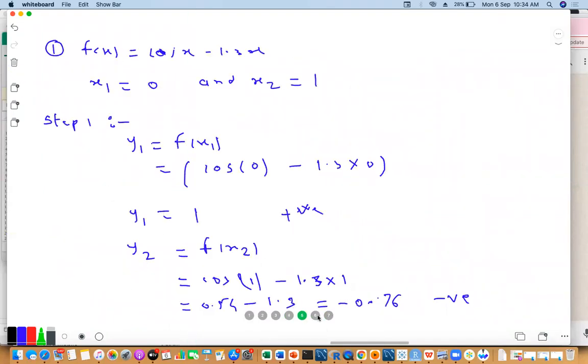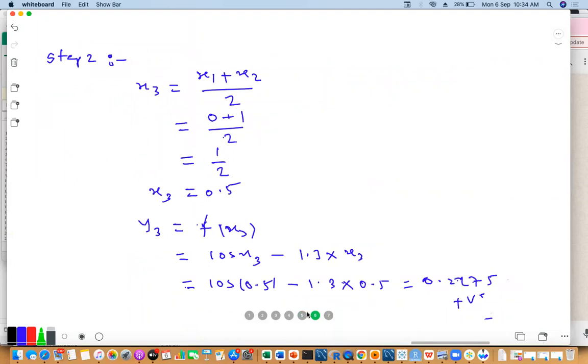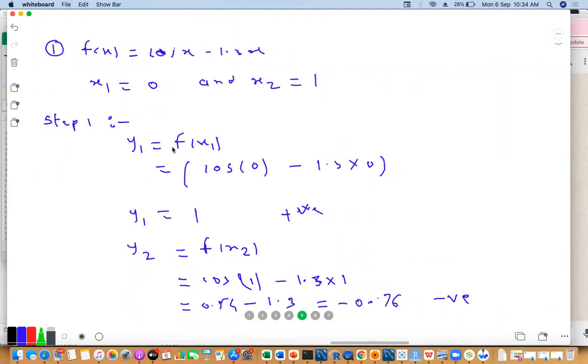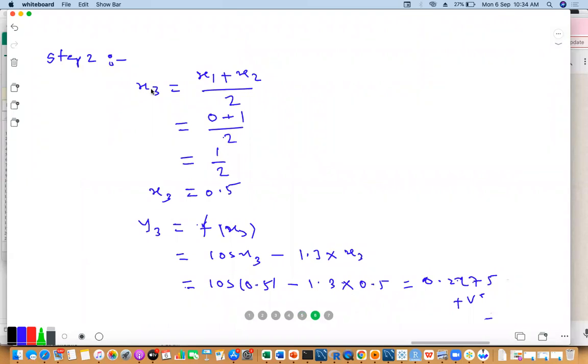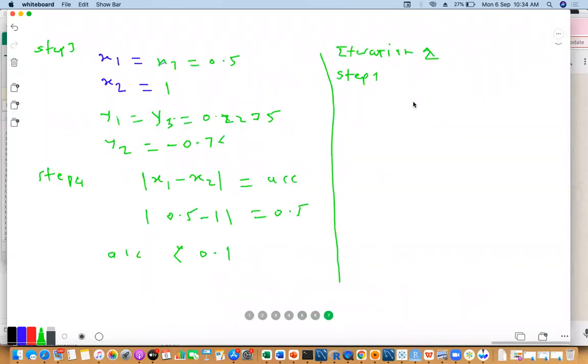We calculated y1, y2. We have y1 and y2. Now we want to calculate x3, right? We will start from step 2 because we already have y1 and y2. So we'll start from step 2.